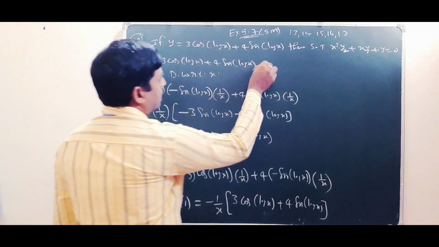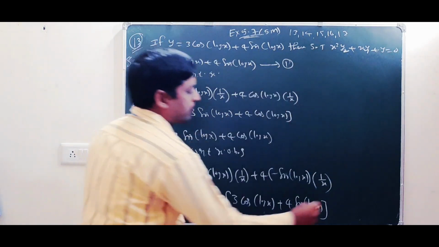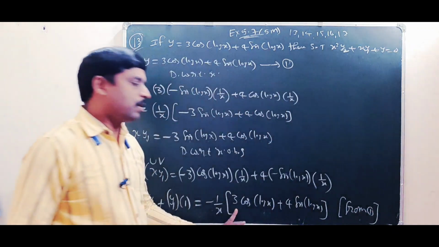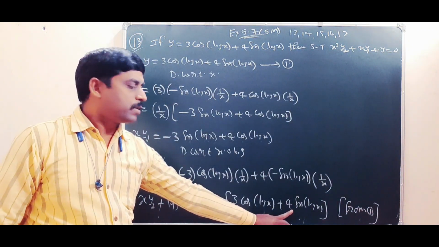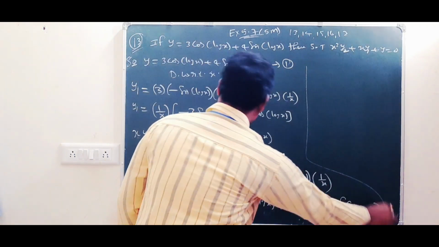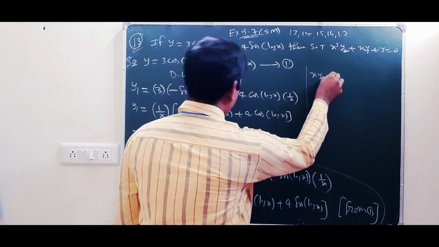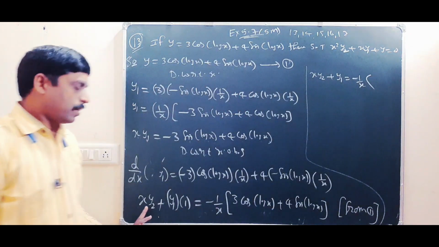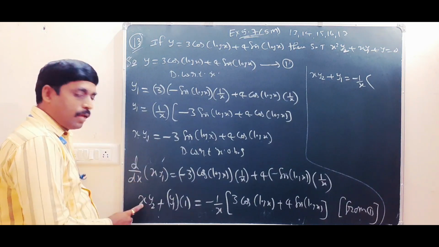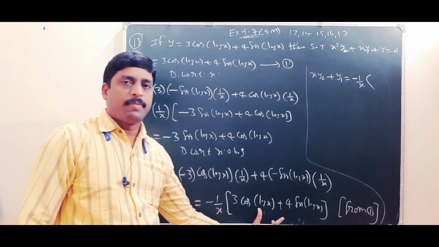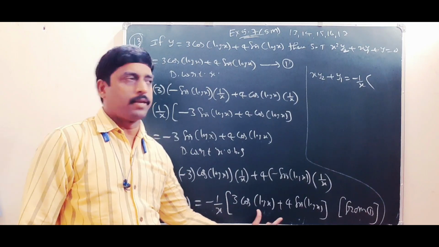Let us take this statement as equation 1. From equation 1, 3 cos log x plus 4 sin log x is going to be y. So xy2 plus y1 equals minus 1 by x into, in this place, we should write y.